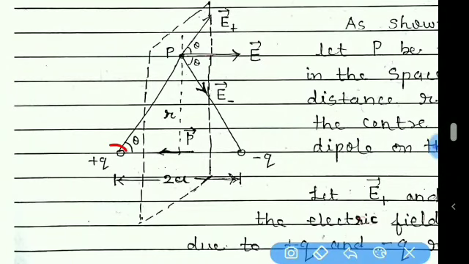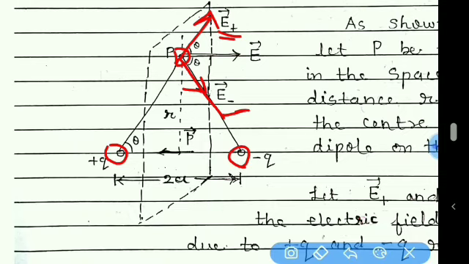Electric field due to positive charge at this point will be in this direction, denoted by E plus, electric field due to negative charge at point P is towards this negative charge denoted by E minus.